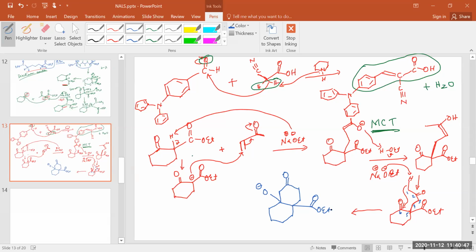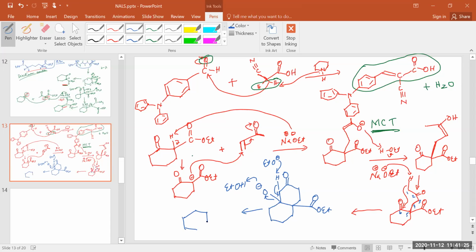Okay. See the same repetition. So it will take the proton here, the base. It will take the proton from the conjugate acid. Okay. And then the base will take proton from here. This will come here, and this will leave. E1CB mechanism again. So what will be the product?